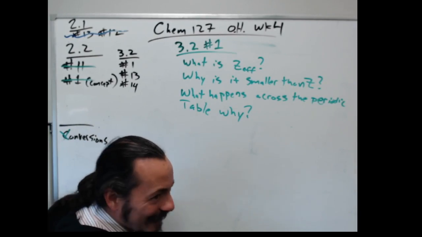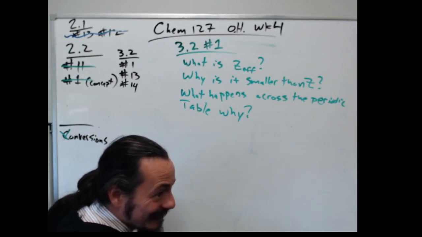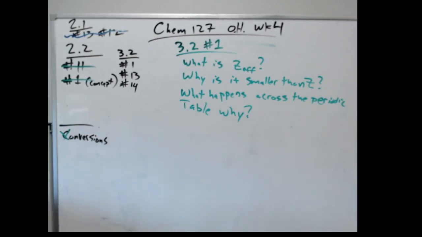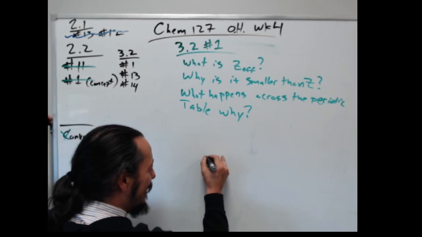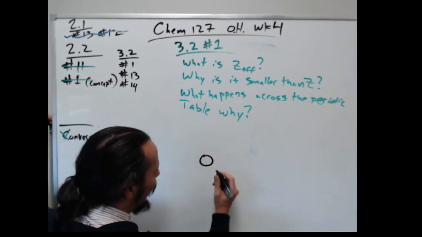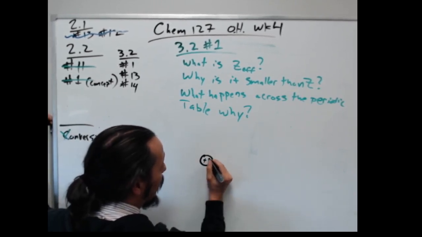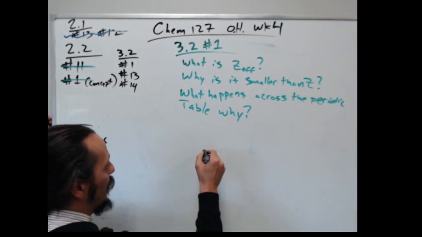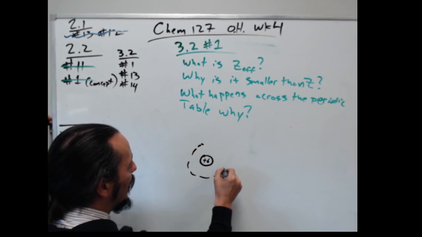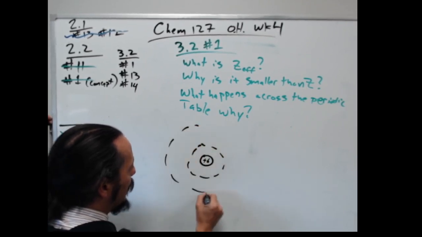It's that obvious. Just say it. You're right. The charge of the nucleus. That's it. At the center, let's say we've got a +6. We're doing carbon. That's my nuclear charge. I've got my n=1 shell, and then I've got my n=2 shell.